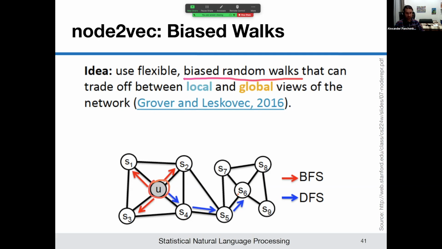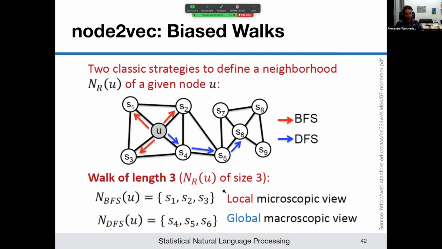And yeah, really the main difference is like how breadth first search relates to depth first search. These are two classic approaches for performing exploration of the graph.